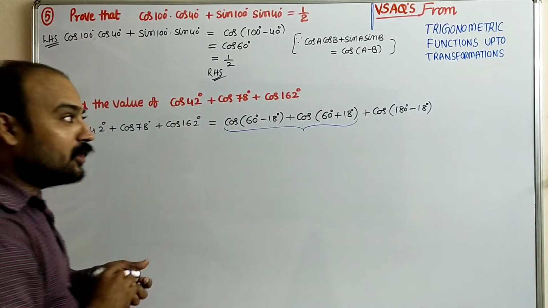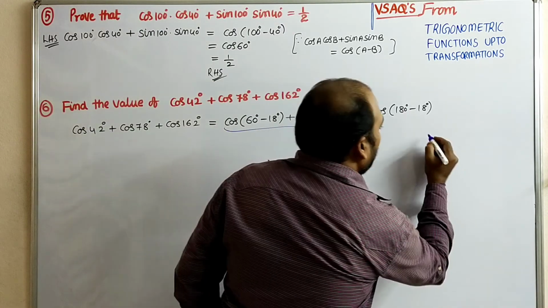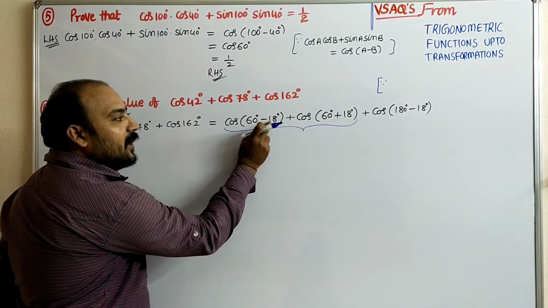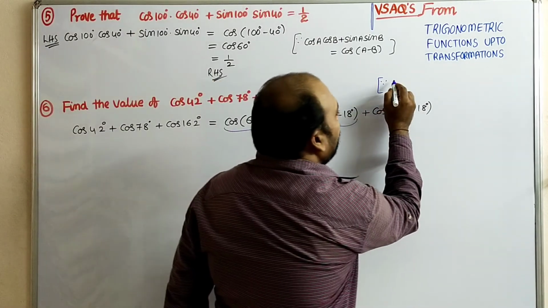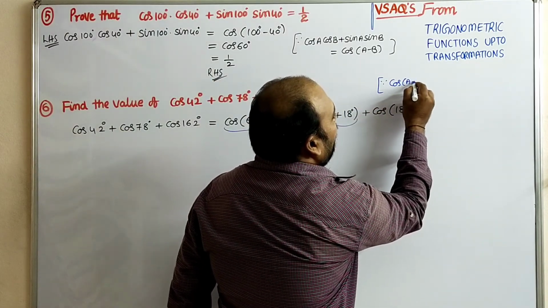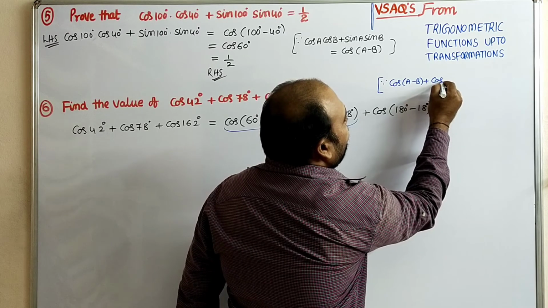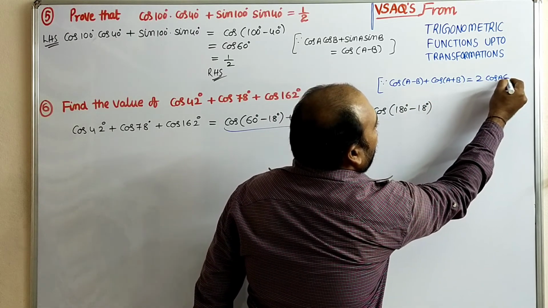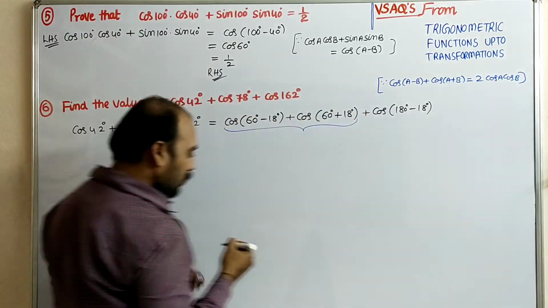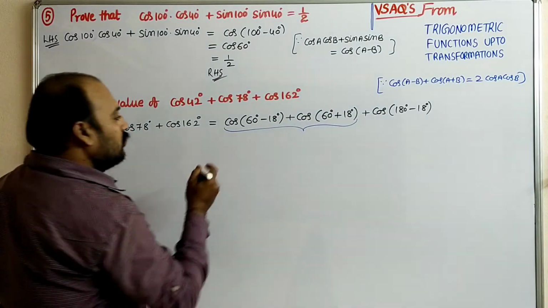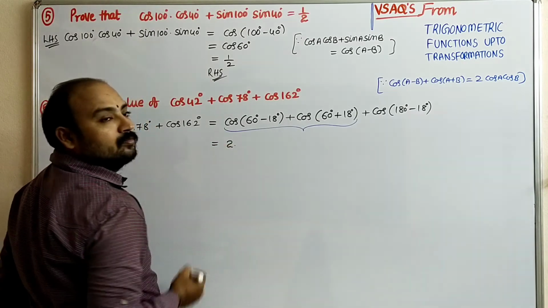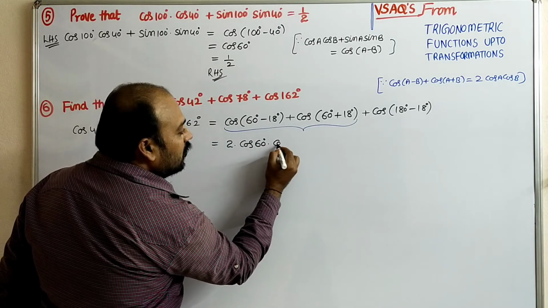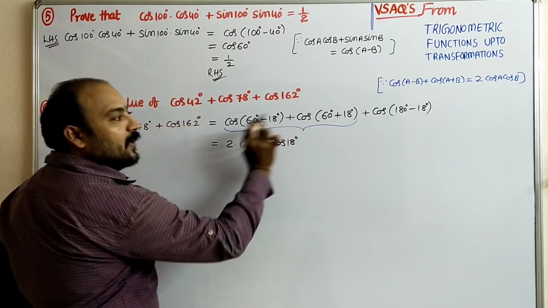Which formula are we going to apply? Cos of A minus B plus cos of A plus B equal to 2 cos A cos B. So now 2 cos A, that means cos 60 into cos 18. So this bracket value is over.